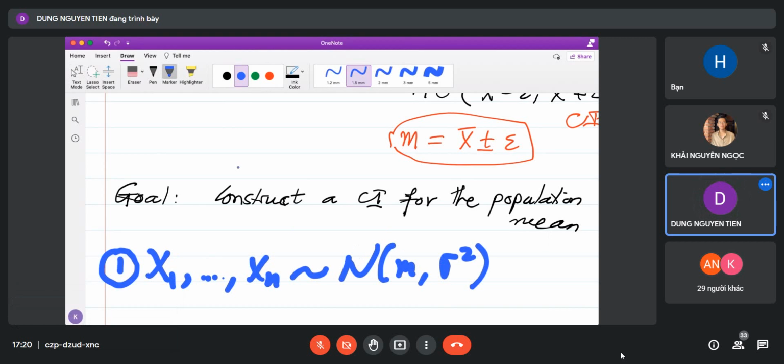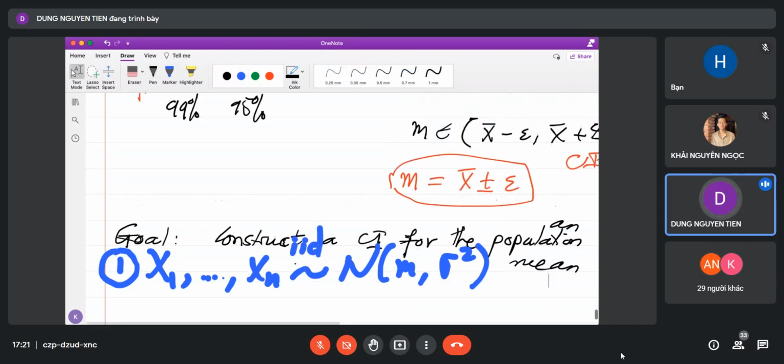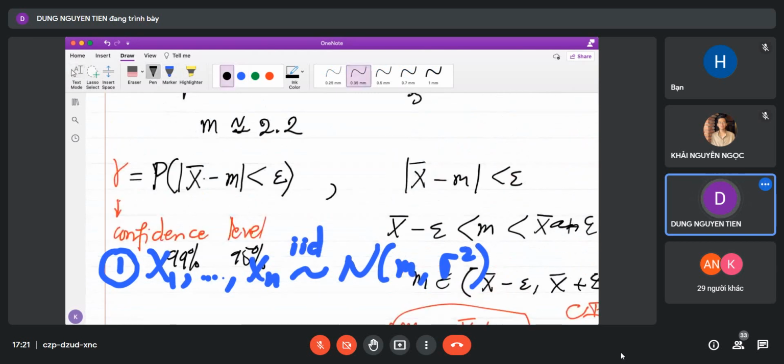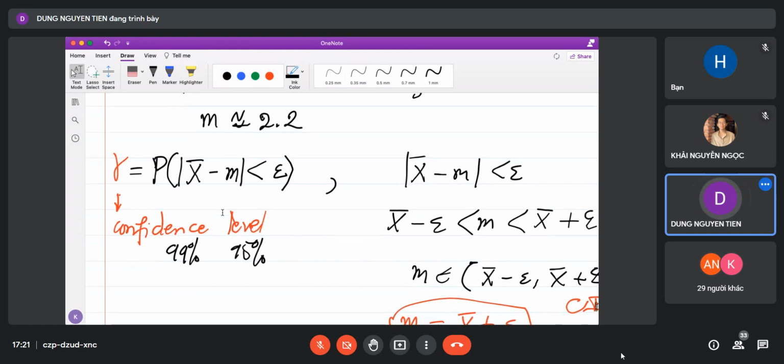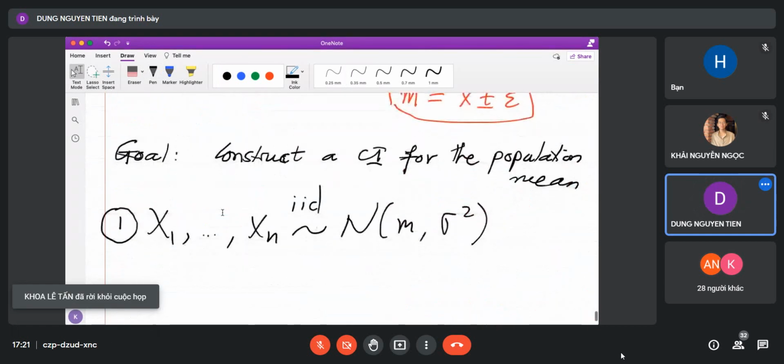And of course, they are independent. Why do we need this assumption? If you want to find epsilon, you need to know how to deal with the probability. In order to do that, you need to know the distribution of x bar, right? So you need to know the distribution of the xi somehow.